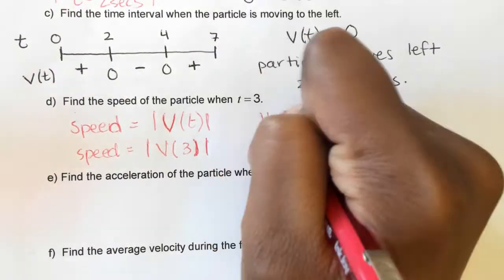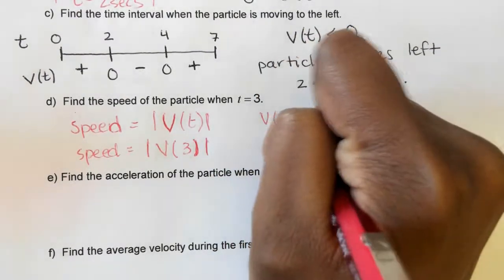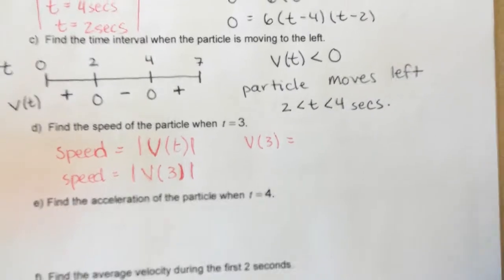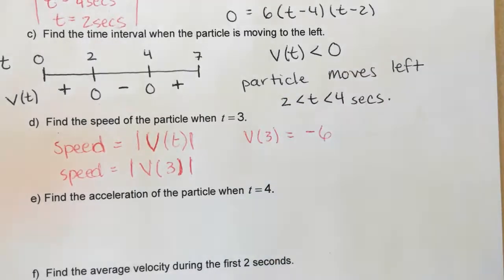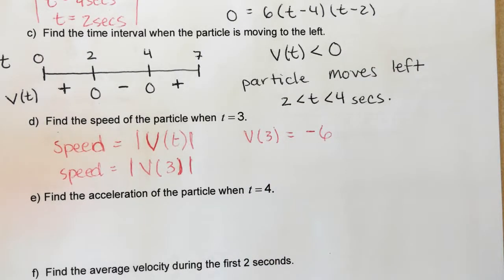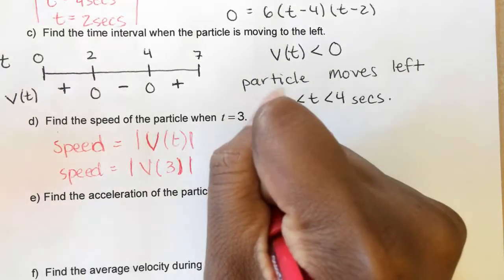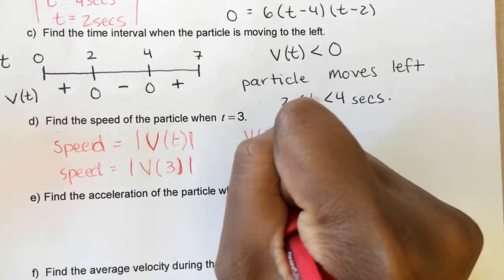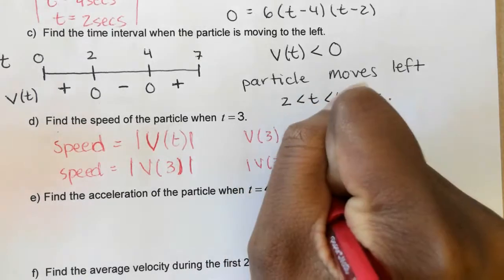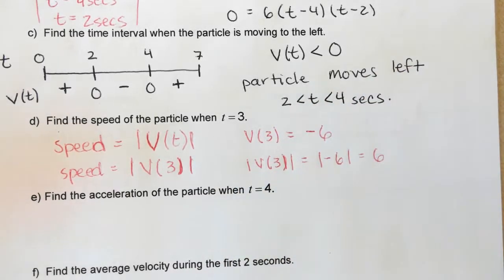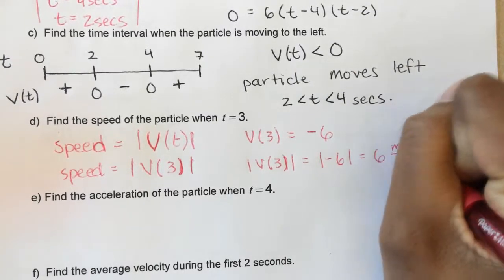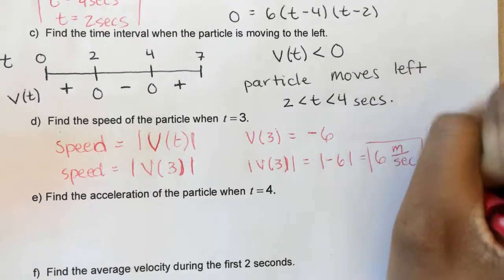To do that, we want the velocity at 3, and when you plug that in, you get negative 6. Then we take the absolute value of that, which is positive 6 meters per second.